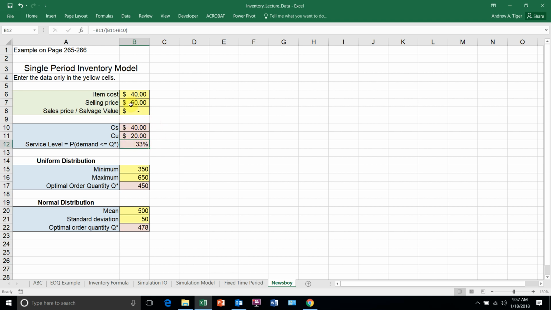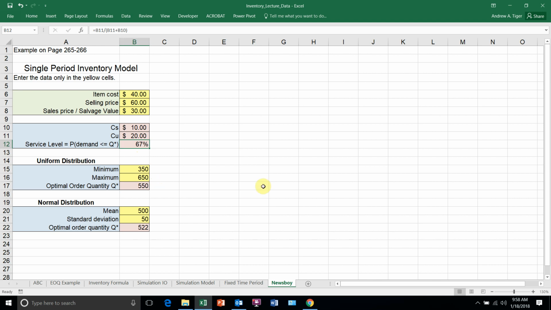Okay, so that's what the first part of this does, is give you the economic service level, the optimal service level. Now, after you have that, then you can apply that to different demand patterns.